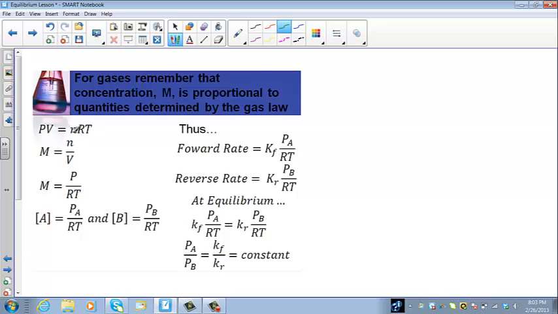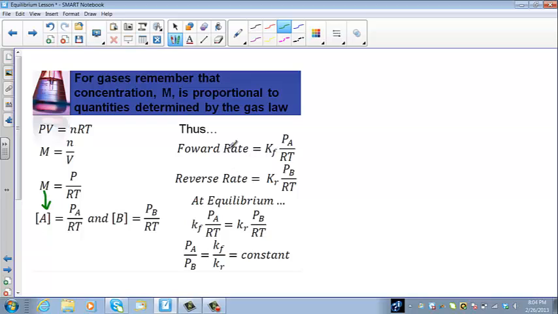All I did was substitute the M in here, and solving for molarity, I get P divided by RT. Now, molarity is concentration, which in this case could be species A. Because concentration is molarity, moles per liter, the molarity of species A is equal to the pressure of A over RT. And if I had a B, the concentration of B is equal to the pressure of B over RT.